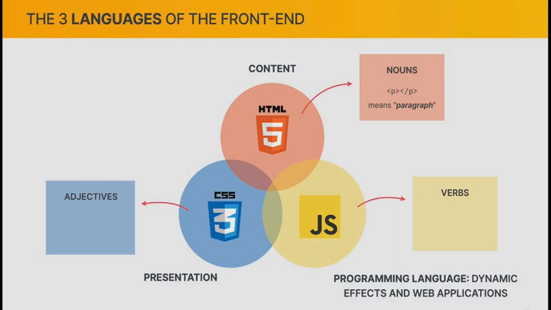For example, like this piece of CSS saying that the paragraph text is red. And so red is the adjective describing the noun. Alright? Finally, JavaScript is of course the verb, like saying hide the paragraph. So we're actually doing something here. And so we have a verb. Okay? Does that make sense?